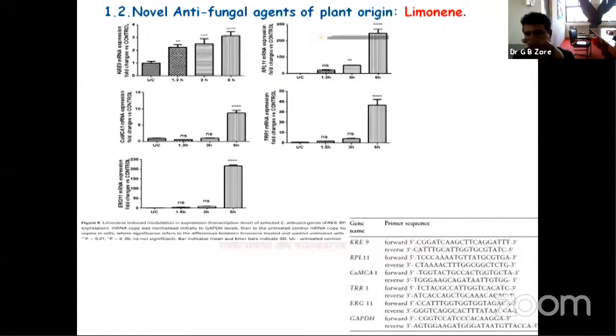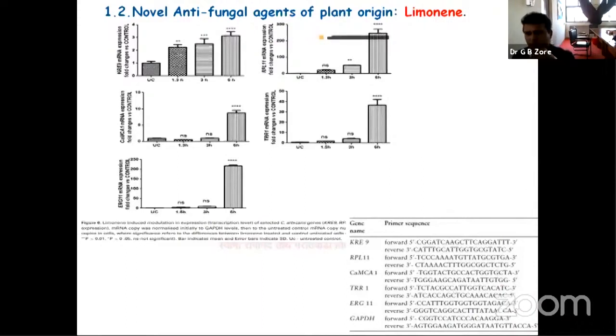We found that limonene was one of the most effective molecules, and we tried to understand how it inhibits fungal growth. This is the model we propose: limonene induces cell wall and membrane damage, reactive oxygen species, followed by DNA damage and nuclear stress, and finally apoptosis. So this is the story of limonene.